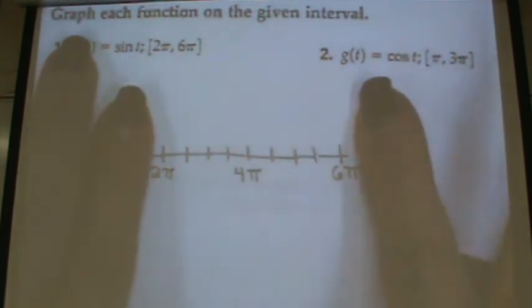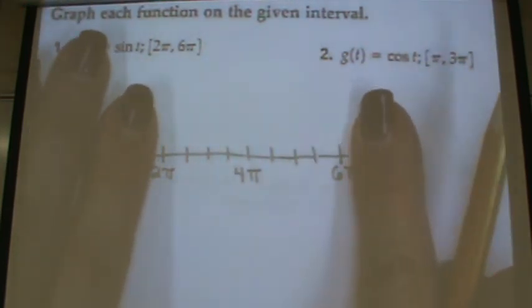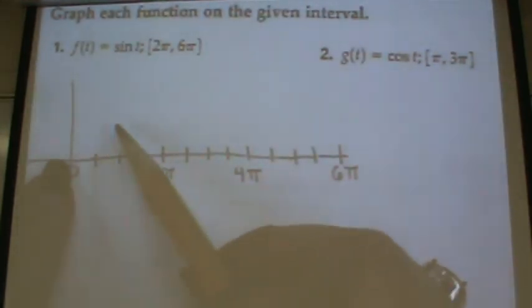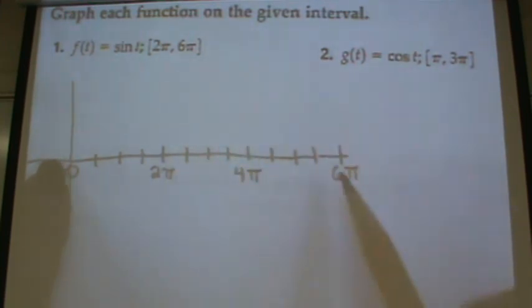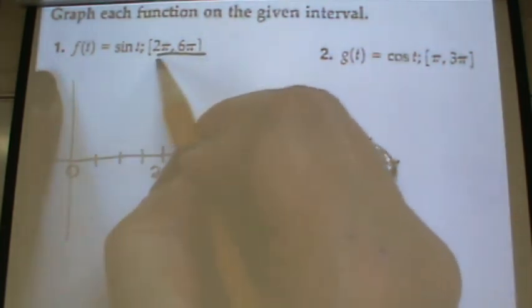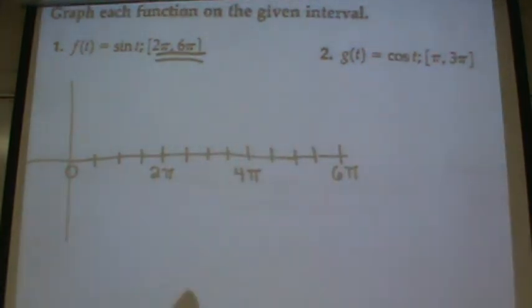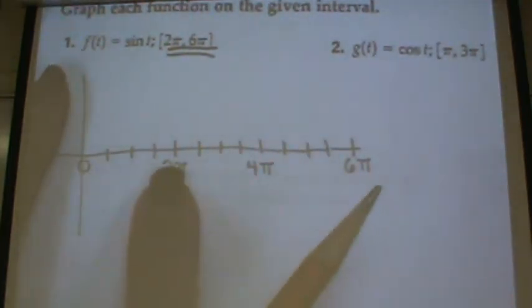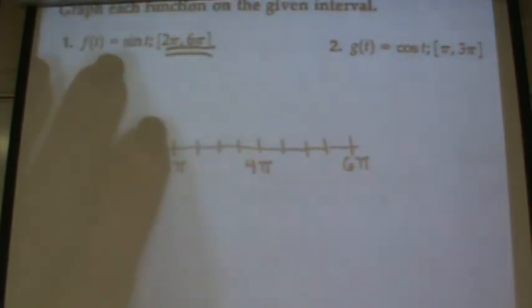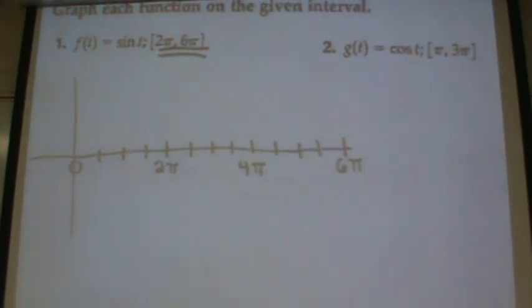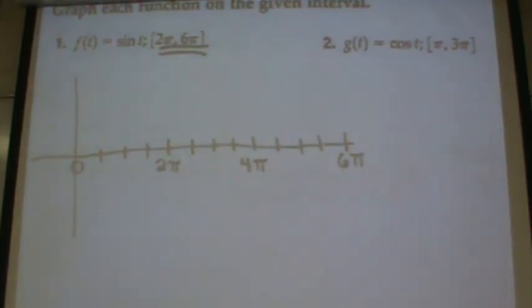So this graph should only be from here to here. You might want to start here, draw your graph, and then erase or do a broken part, because I only want that interval, from 2 pi to 6 pi. You might need to do 0 to 2 pi to start the pattern, but then you might want to darken your answer. So this is building on what you learned yesterday, the basic graphs. So that's your homework.